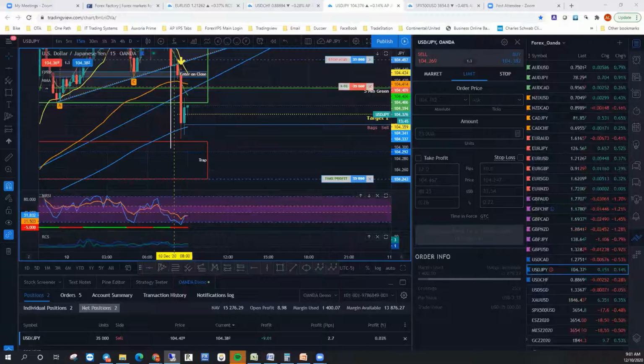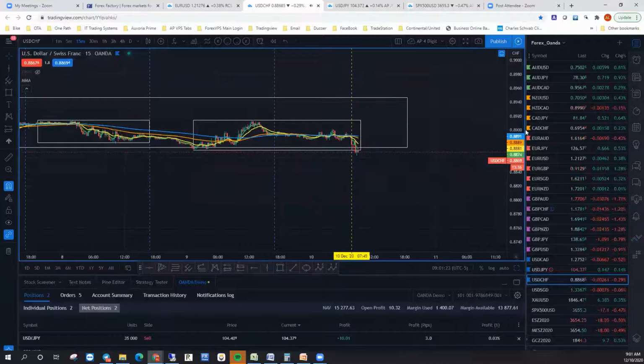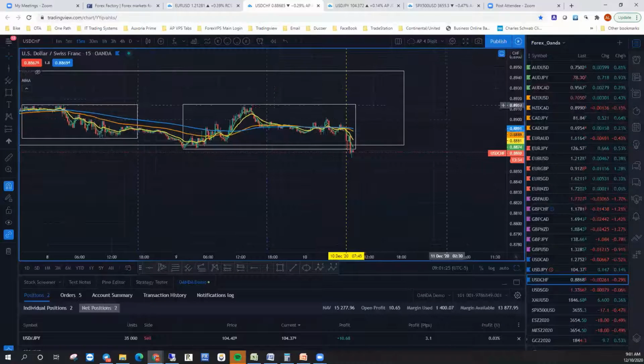Any questions, comments, anything we want to be looking at? Any other alerts we have? Nothing since 8 o'clock. Let's take a look at that US Swiss while we're playing around with this one. We had a US Swiss one earlier. We never really did chart that one out.